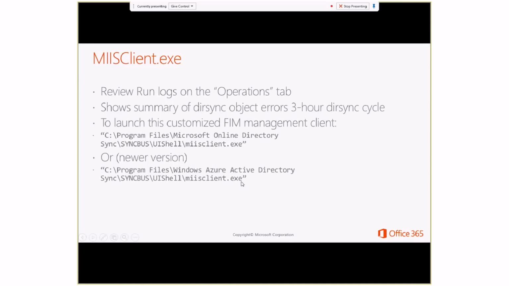Depending upon the version of DirSync that you're using, if you're using an old version of DirSync, MIS client is going to be installed in a different directory than the new version of DirSync. If you happen to install the brand new AAD Sync, I believe it's also underneath a completely separate directory as well, so different from either of these two.